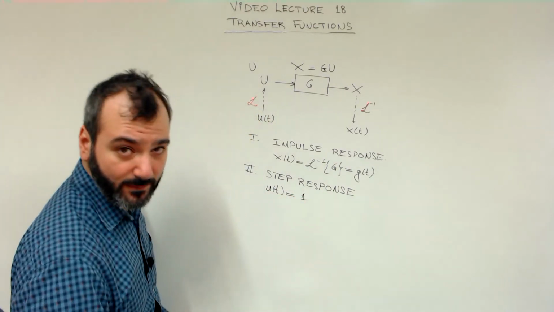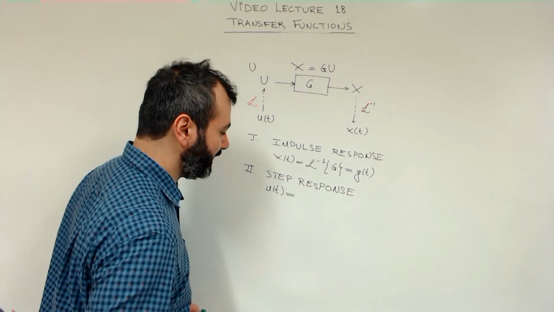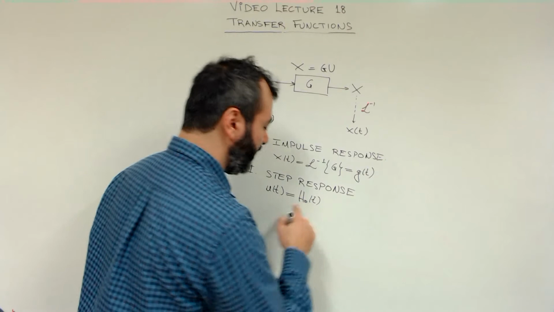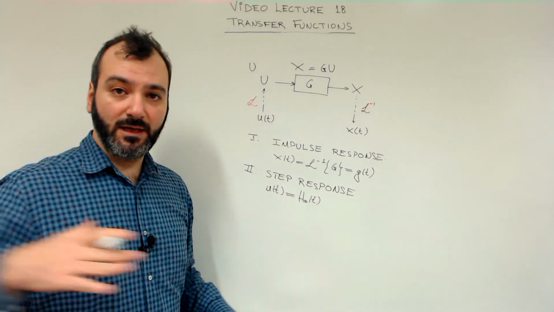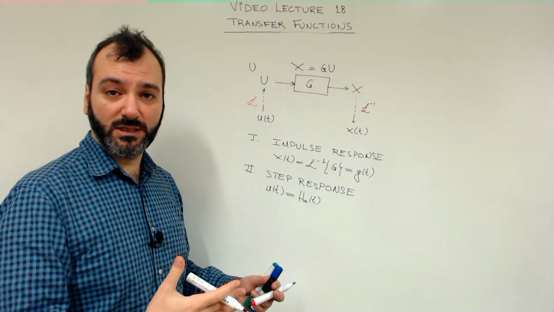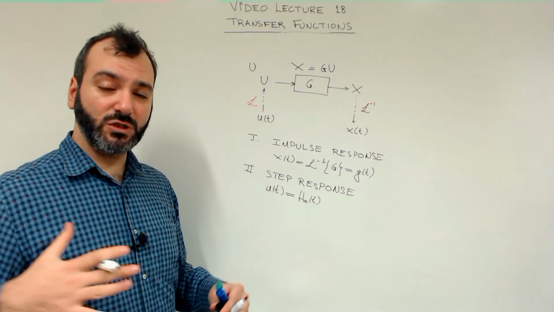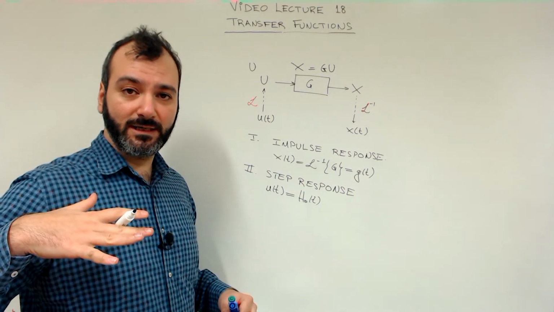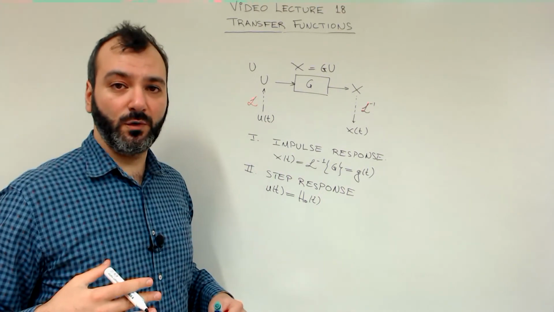Or sometimes you will see this written like that. What happens if u of t is the Heaviside function with parameter 0? This means that there was a switch, the value of the input is determined by a switch, so that at time 0 it's off, and then suddenly it goes straight to 1.